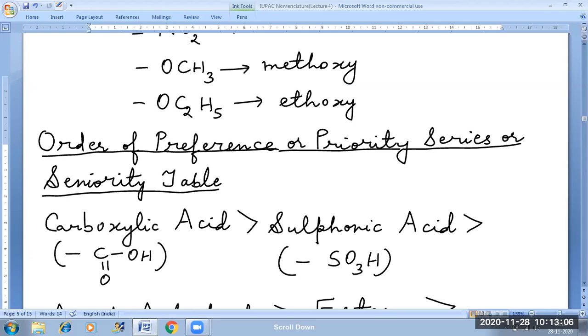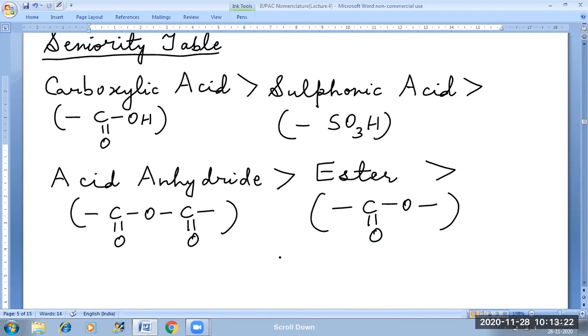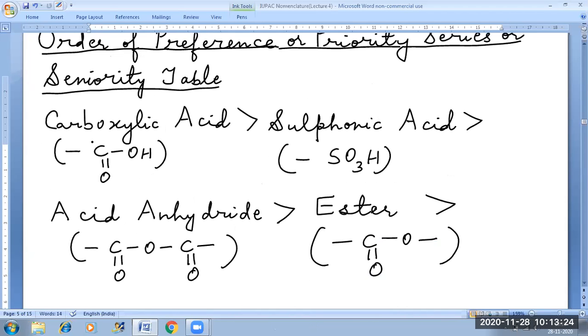Now, how do we decide which is our principal functional group? For that, we have one order of preference given, called the priority series or seniority table. Based on this, we will decide which is our principal functional group. The top priority goes to carboxylic acid. Carboxylic acid is represented by COOH. I have written down the representation of every functional group within brackets.